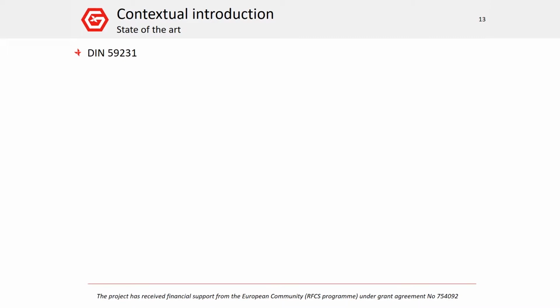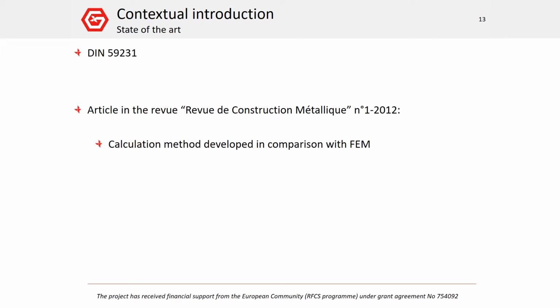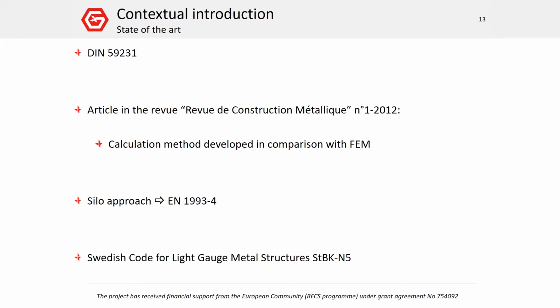In France, in 2012, in the review Revue de construction métallique, an article proposed a calculation method developed in comparison with a finite element modelization. A specific application of corrugated steel sheet, that is to say silo application, is covered by a Eurocode, the Eurocode 3-4, in which formulas are given. Finally, the older Swedish code for light gauge metal structures gives information for analytical design.